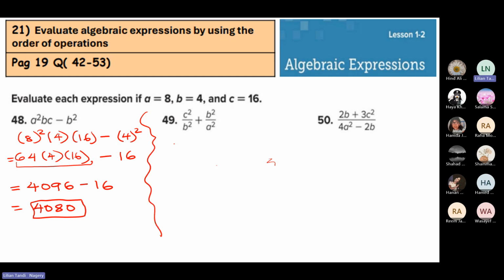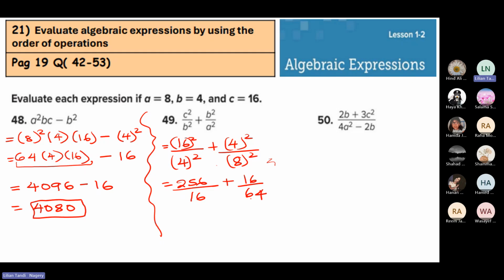All right, now let's do this one. Don't forget your equal signs. Okay. C squared is 16 squared. You put it in parentheses over B is 4 squared plus 4 squared over A squared, 8 squared. 16 squared should be 256 over 16 plus 16 over 64.